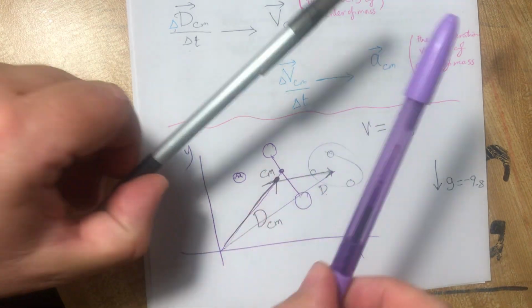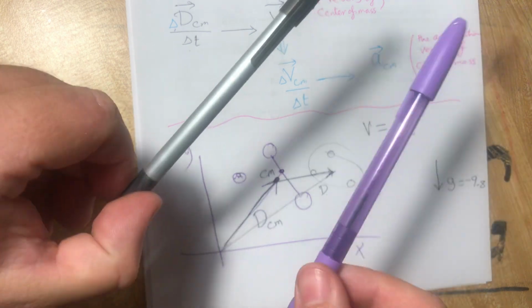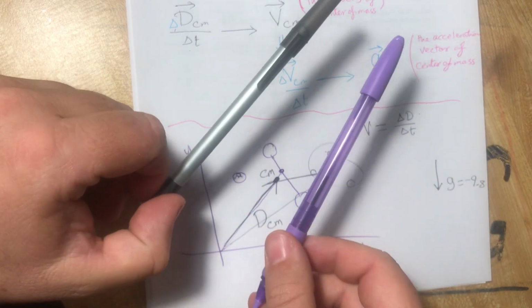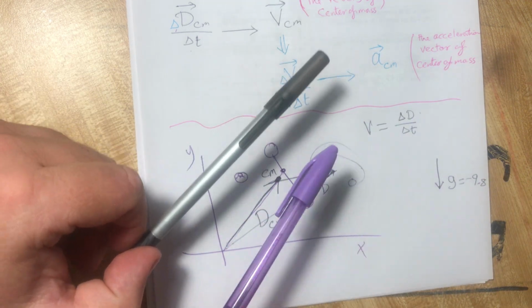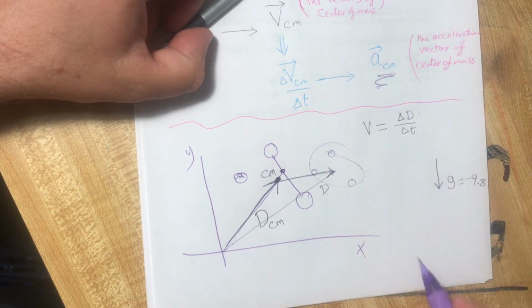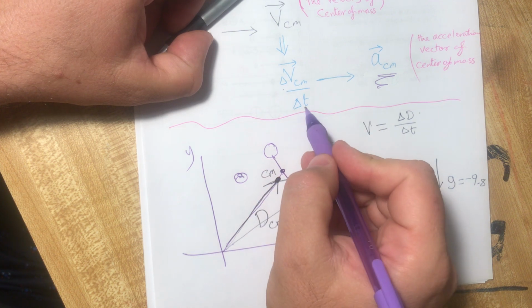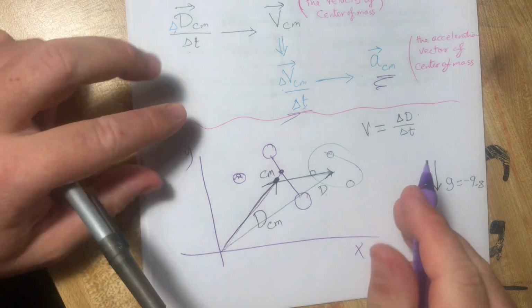The center of mass between them is also accelerated with them. The system altogether is accelerated toward the center of Earth, which is the direction of g. So we have an acceleration for the center of mass, which is the change in the velocity vector with respect to time.